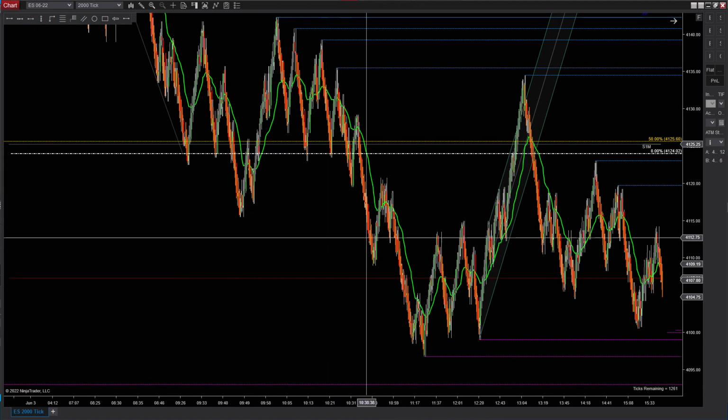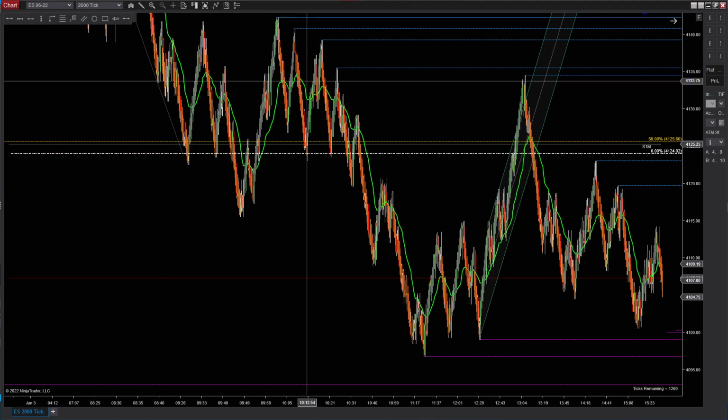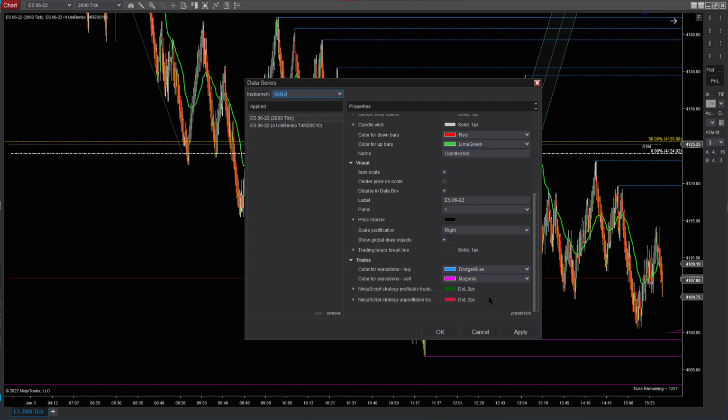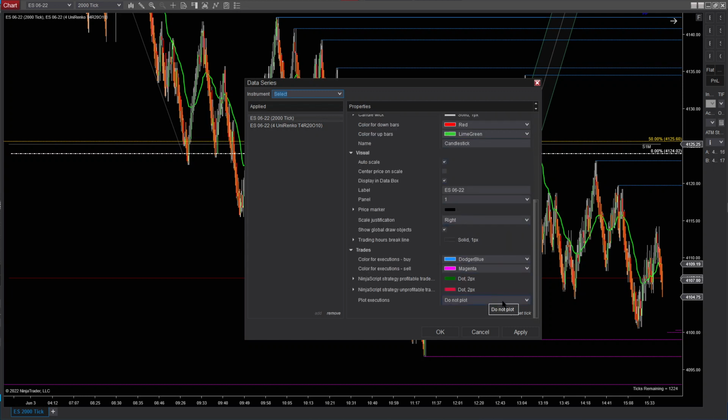Okay, so if you go here, I do have the Renko and the tick chart 2000. These are two charts that I use. Normally I trade the Renko, but I do have the 2000 or the 1500 tick also open because it has some more information that I like to see.